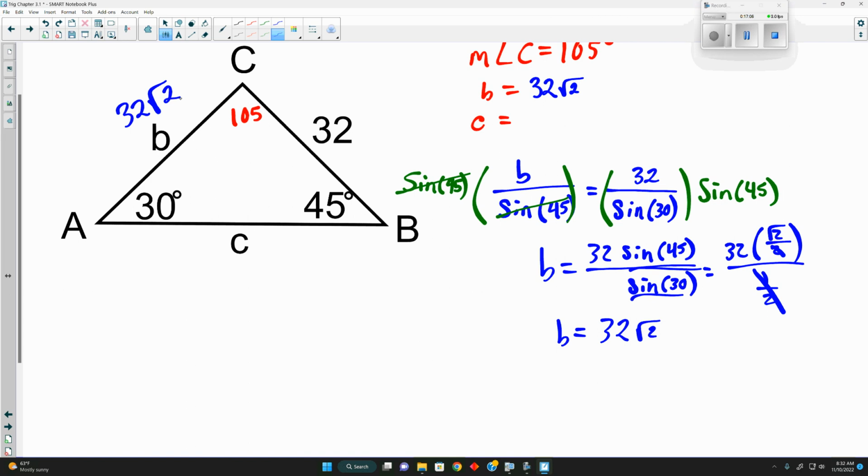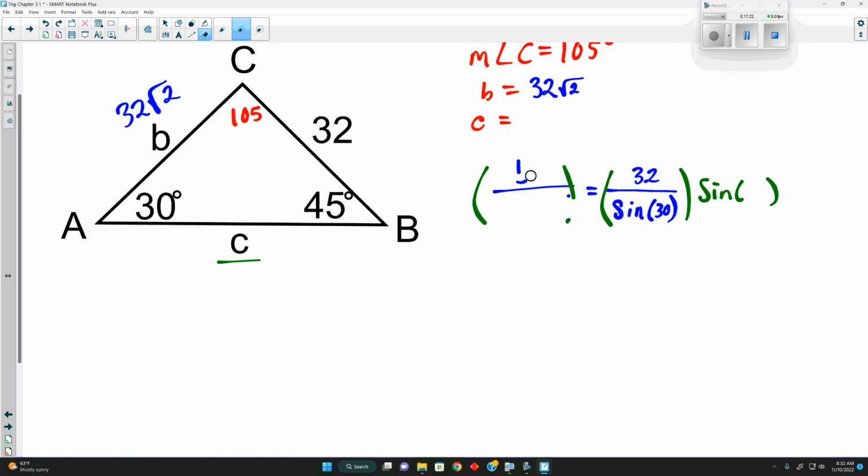Now we just need to find the value of C, yes? And for this here, well, my eraser, this is gone. This is gone, and that's gone. This can't go away. Because really all we're changing is what? This is now C, and this is sine of 105.